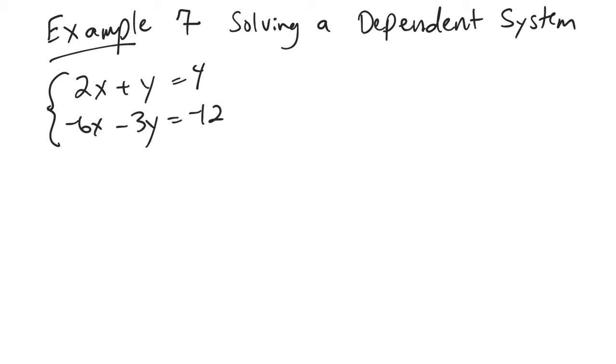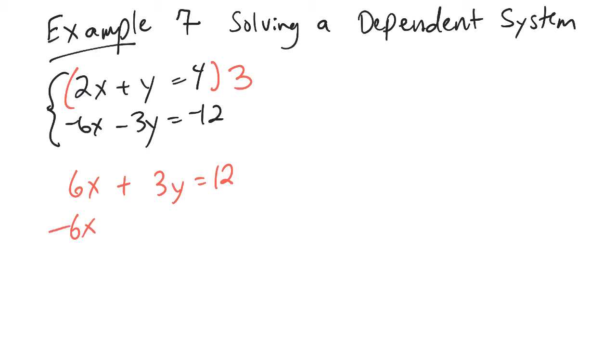All right, our next one is solving a system of dependent equations. So we have 2x plus y equals 4 and negative 6x minus 3y equals 12. I'm going to solve this one by elimination, because I'm going to take this first equation and multiply it by 3. So we have 6x plus 3y equals 12.